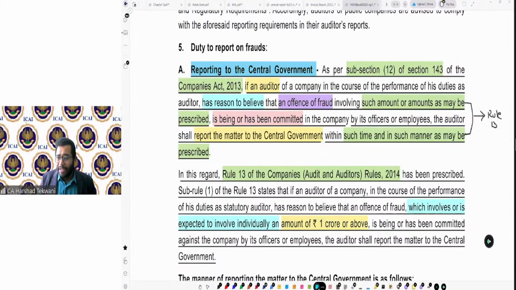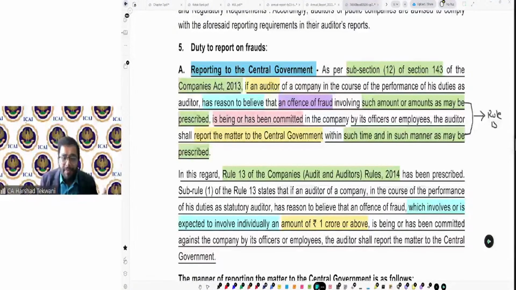Why is the term expected to involve there? Because when I say I have a reason to believe, it means I don't have all the evidence in my hand. So whatever amount I am talking about might not be definite. I cannot commit to a definite amount, but I can give an estimation.